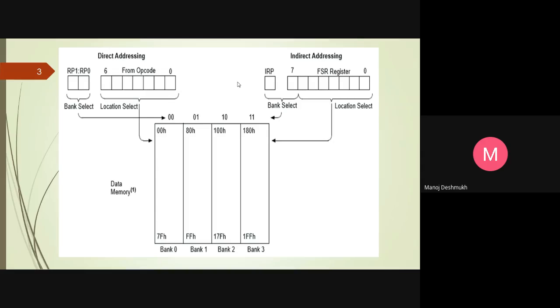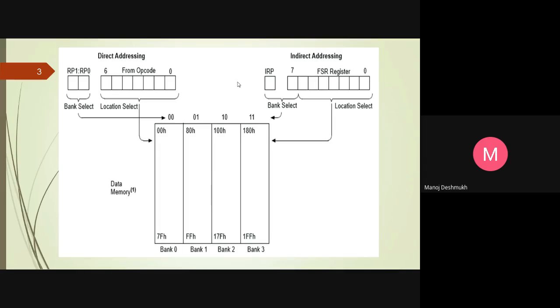Total 9 bits are there, 9 bits are available, and with the help of these 9 bits we are able to identify or detect or select specific register bank, that is 0, 1, 2 or bank 3 in case of direct addressing mode. So here we are able to directly access the content from the RAM locations with the help of RP0 and RP1 as individual bank is selected.